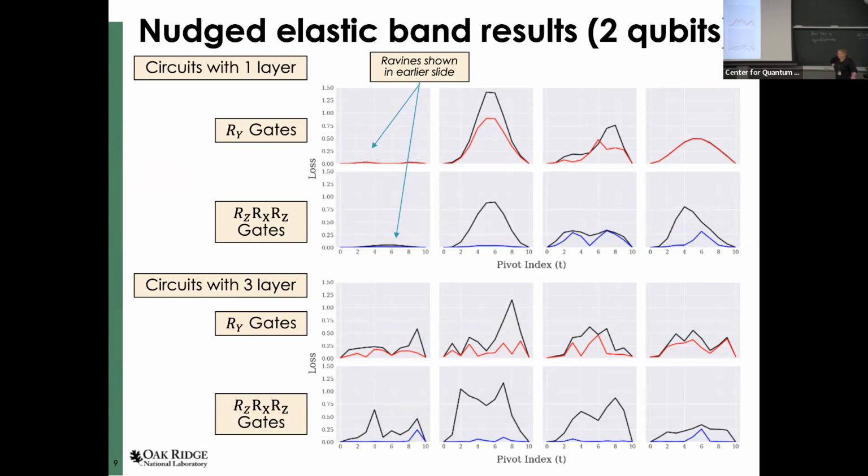And again, since these are relatively small circuits, for the DDCL study we looked at 2, 4, and 6 qubits. What we start to see is that for small circuits, we have more success in finding low loss paths connecting our minima.